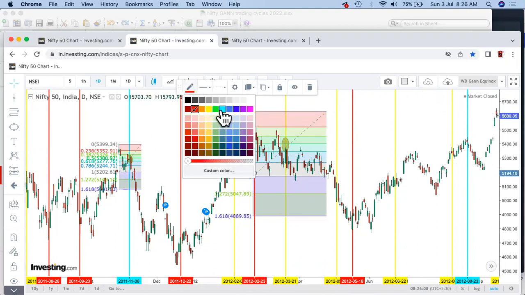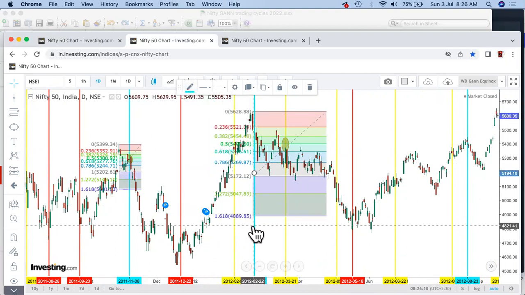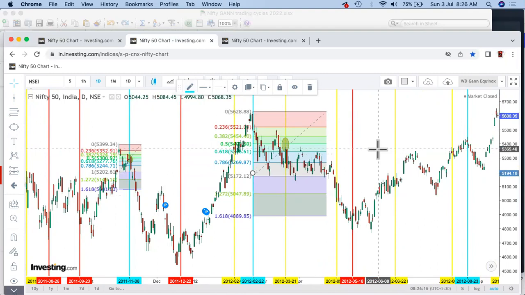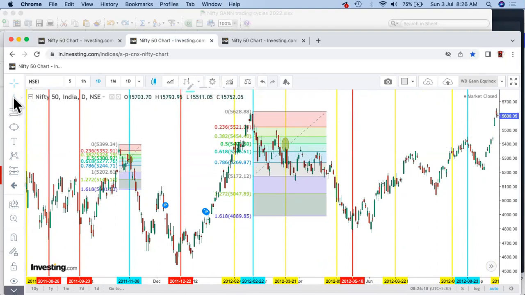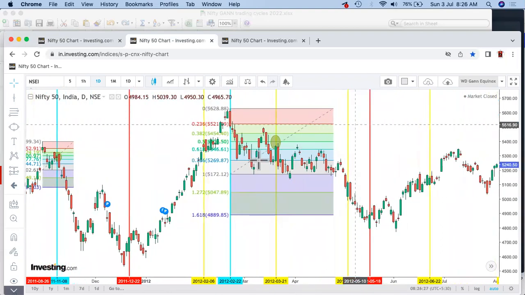So let me take this as a high. Okay, the low has already been considered, so I can move this. Right. So two date adjustments that we have to make.